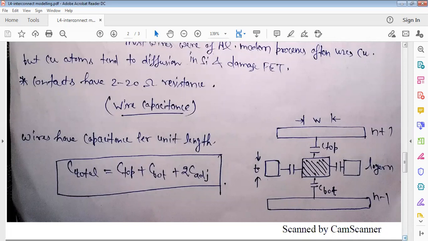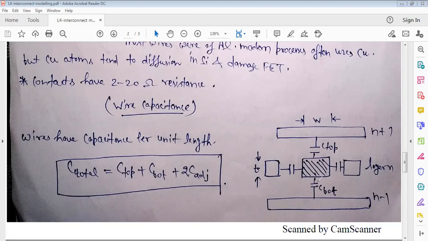So let us consider a side view of the wires. In this diagram, this is one wire, this is another wire, this is the third wire, and these are the layers. This is the first layer.